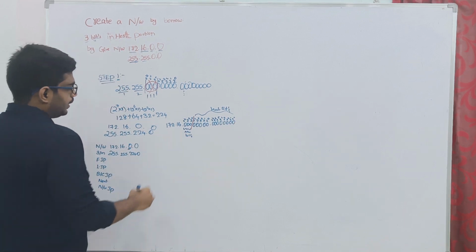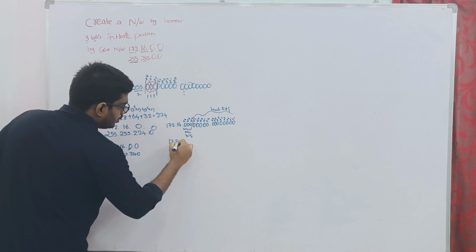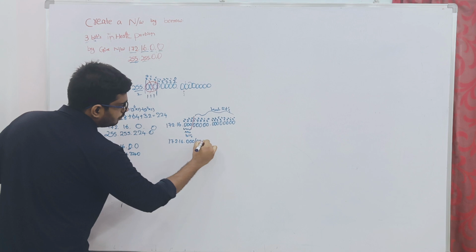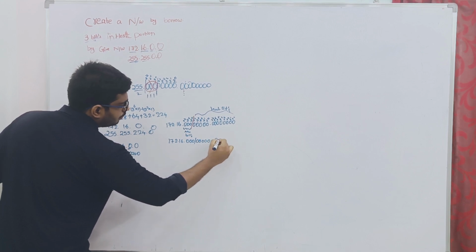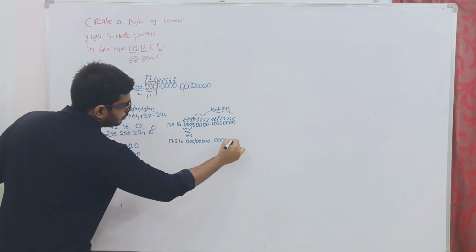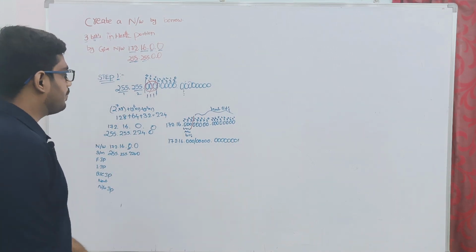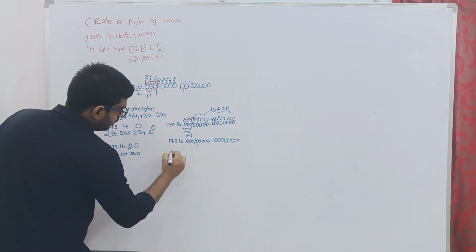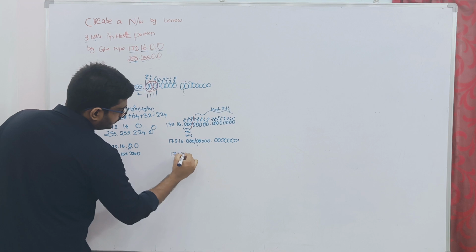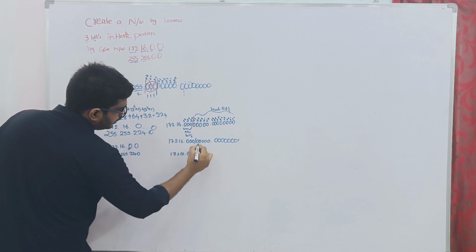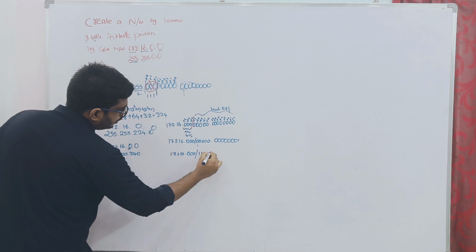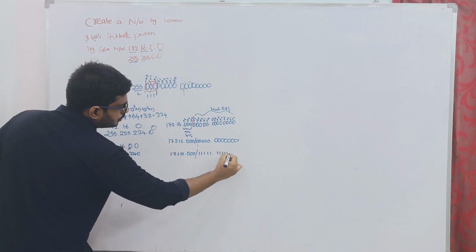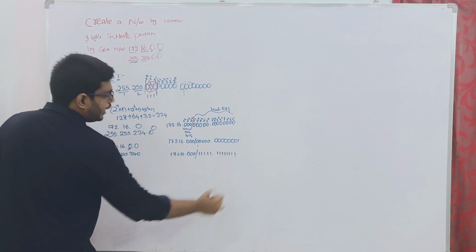And what is the first IP? 0.0.0 and the last bit 1 is our first IP. What is the last IP? The inverse of this host portion is our last IP. 172.16.000 followed by all ones in the host bits.